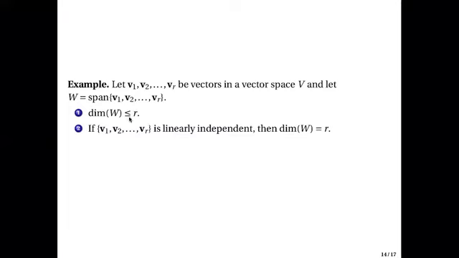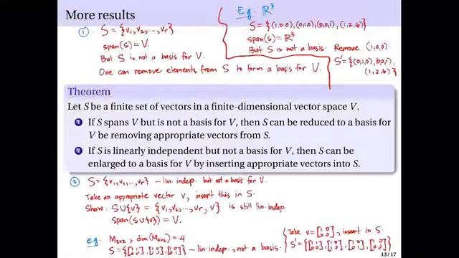It's not necessarily R because maybe one of the vectors can be written as a linear combination of the other vectors. That's a possibility. If you look at this, you have the span, okay, but not a basis. So you have to remove something.